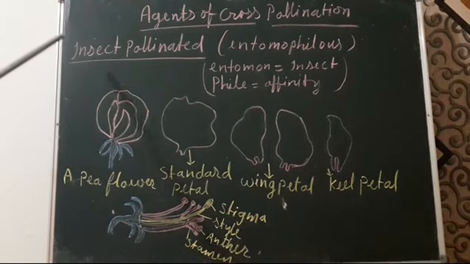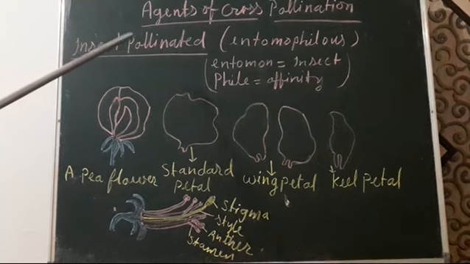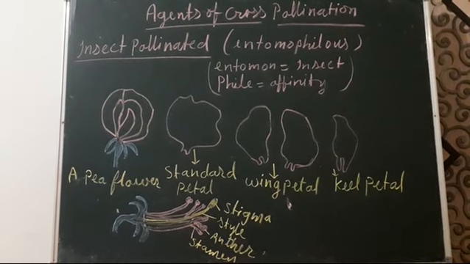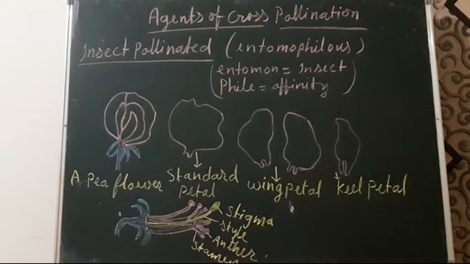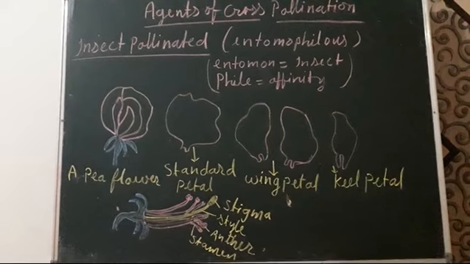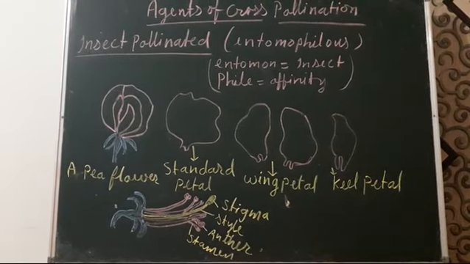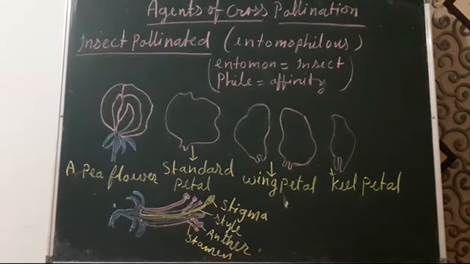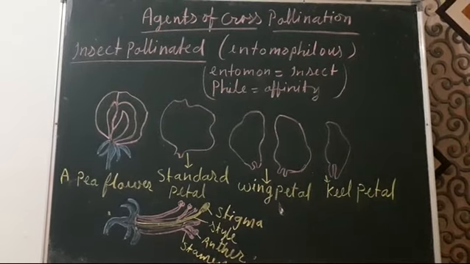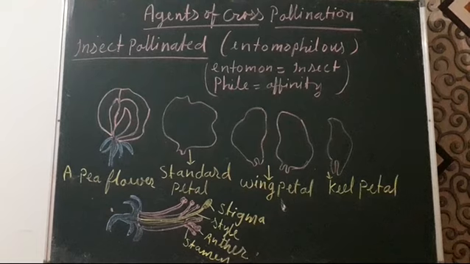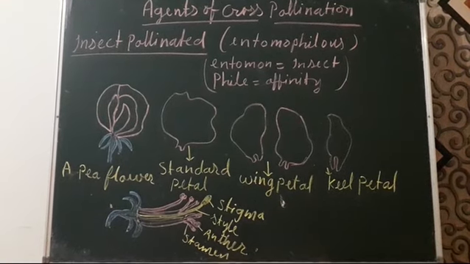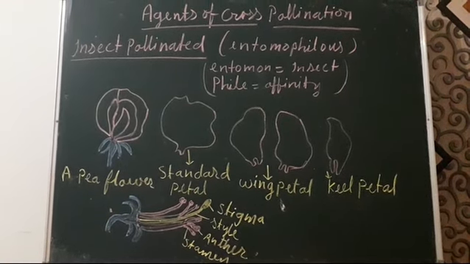So this insect pollinated flower has some special characters. The first character is that the flowers are large. They are usually brightly colored to attract insects. They usually emit scent for attracting insects. They produce nectar, which is food for the insect.